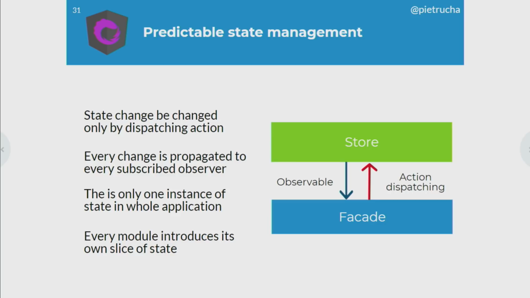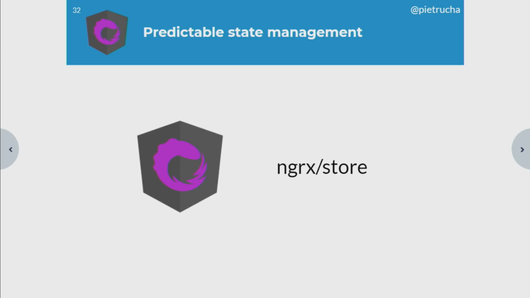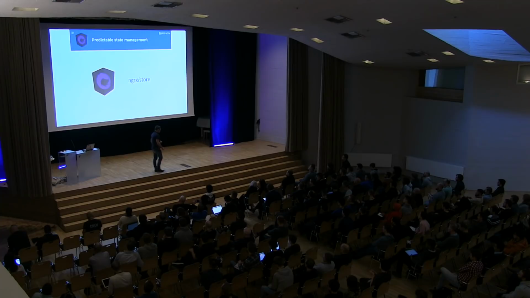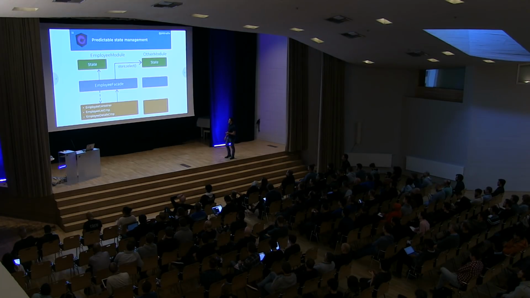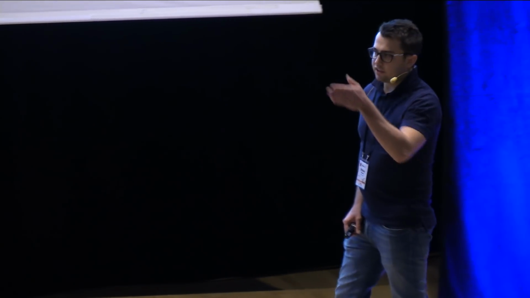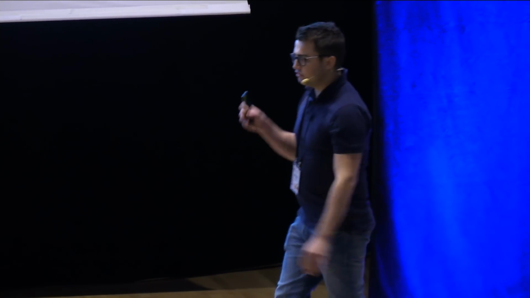But what if you want to share the state? How does it fit into the whole architecture? Here, just a recap: we can use the dedicated state management library for Angular, which is called NgRx Store. I have already seen that most of you are already using it. But imagine that again we have our layers, and then, because layers are horizontal, we have modules by features, which we can think of as a vertical division.